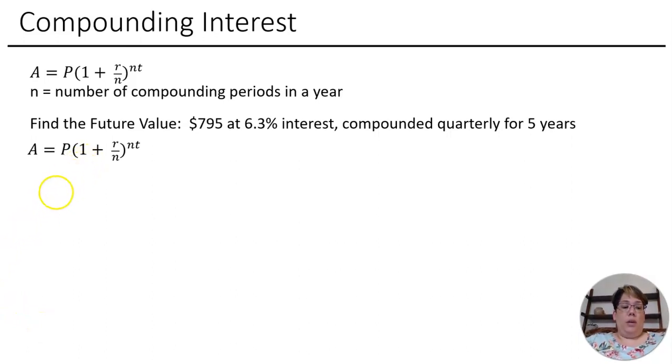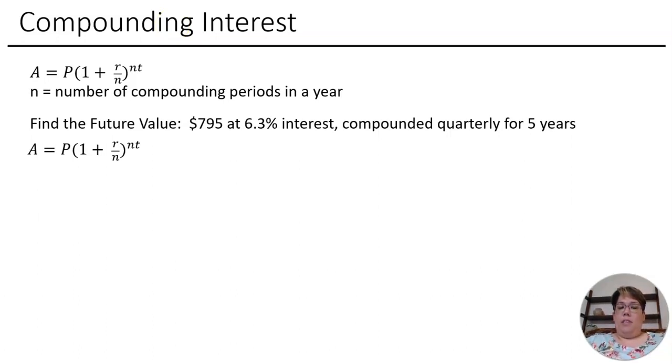I'm asking you to find the future value for $795 at 6.3% compounded quarterly for 5 years. So I'm going to take my formula and plug everything into it.